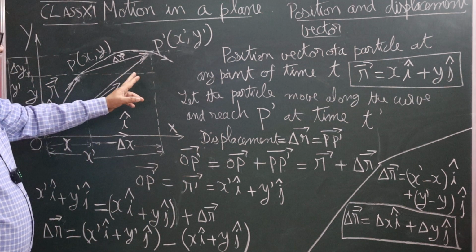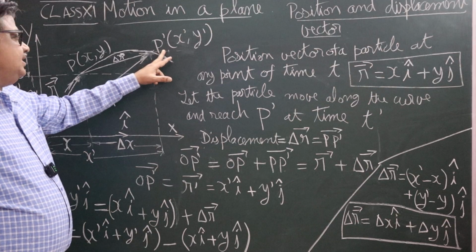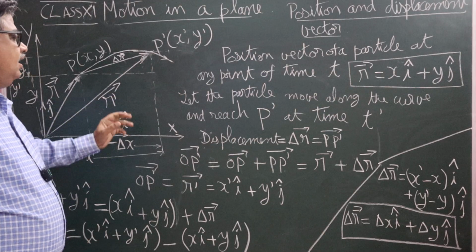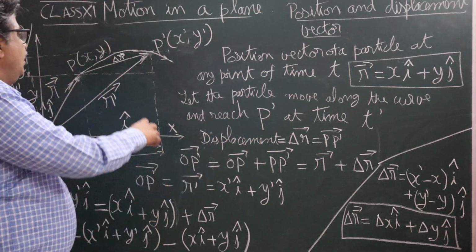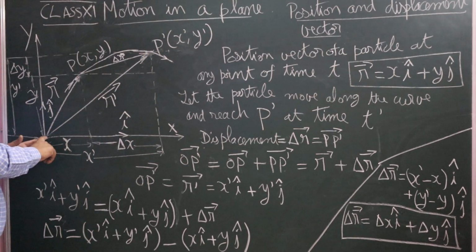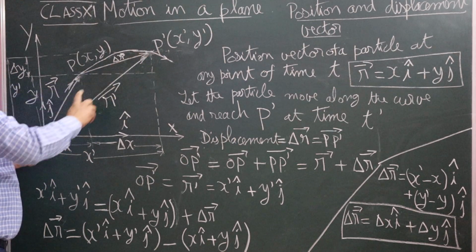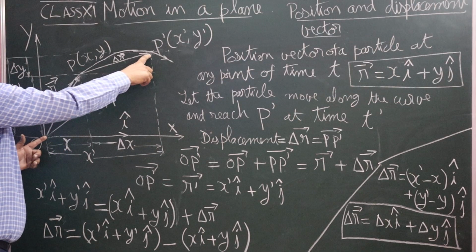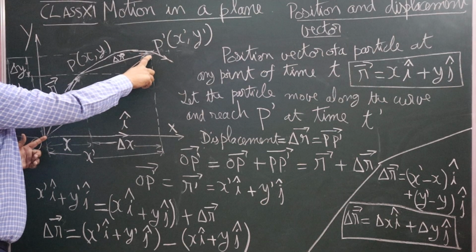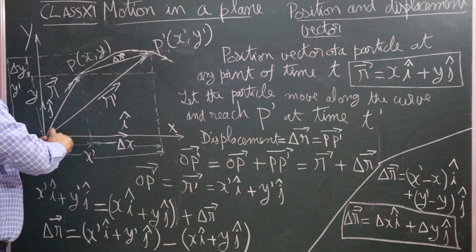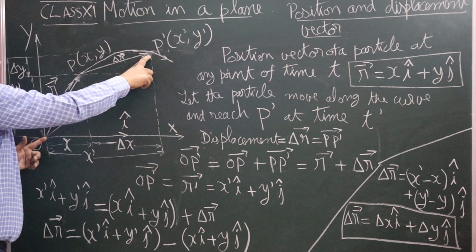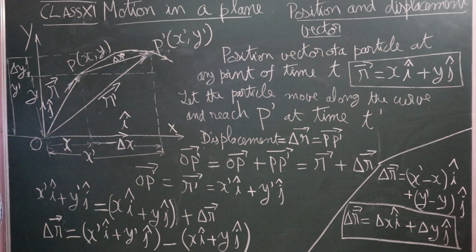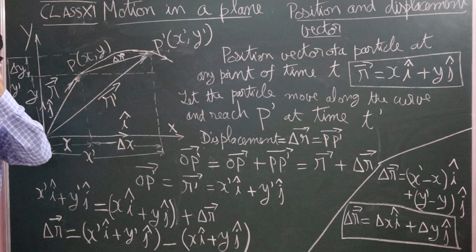After the particle reaches P dash, at time T dash the particle is at P dash, so I write here OP dash vector. OP dash vector is equal to OP vector plus PP dash vector, according to the triangle law of vector addition.